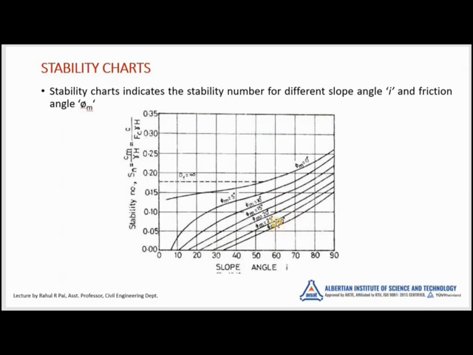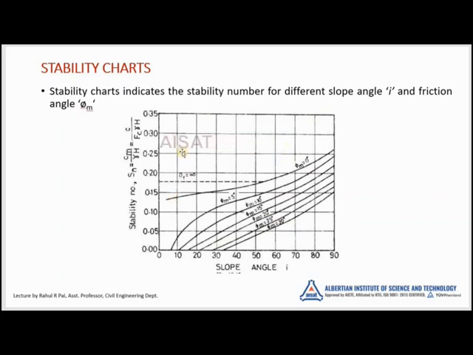Now what will be the value approximately? We will see here. The stability number for that particular curve is around 0.075. You can see here it is coming almost from here, that is 0.075, almost in the middle of 0.05 and 0.1. So that is the stability number corresponding to a slope angle of 60 degree for a mobilized angle of internal friction of 25 degree.